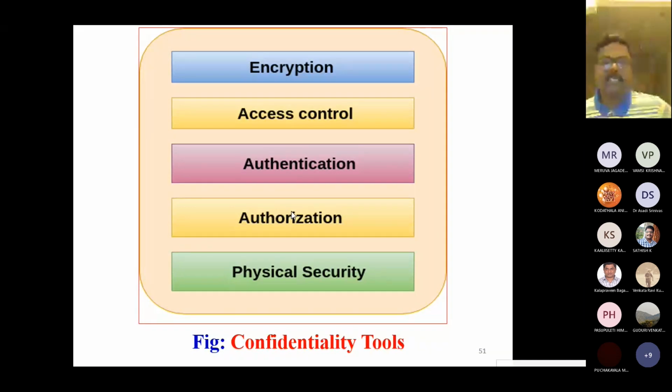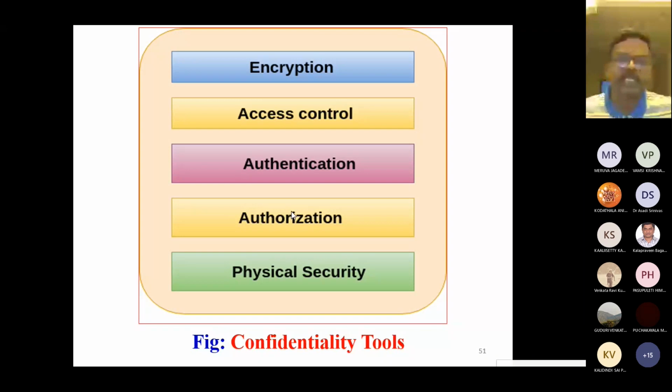Access control is nothing but checking whether you are an authorized person of VIT Vellore or not, by using an ID card or RFID card when you are entering the building. That is called access control. Authentication: you are an authorized person in the bank or not. That is called authentication, authorization, physical security. So these are the confidentiality tools.